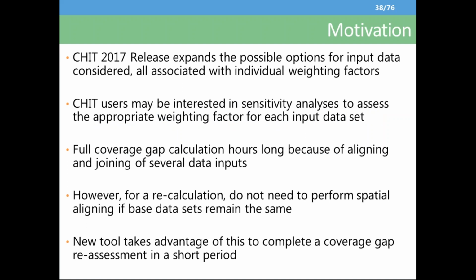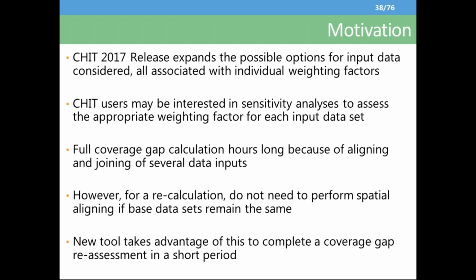So this next tool is really a usability tool. This is a coverage gap retuning tool. There's a lot of data now, especially if you want to include all the optional data inputs. And so the generate heat map, or that coverage gap determining tool, can really take a while. Especially, as I had mentioned, you have to overlay all of those input data files one on top of another.